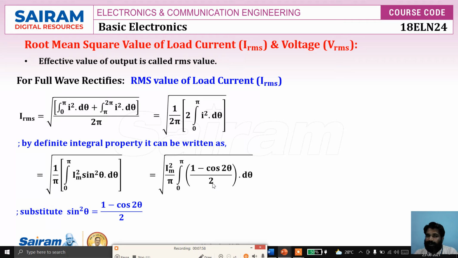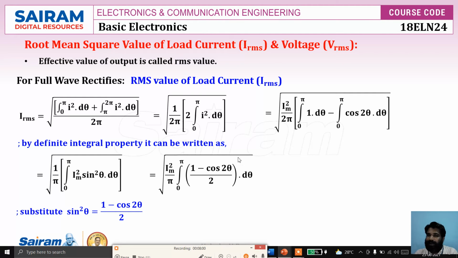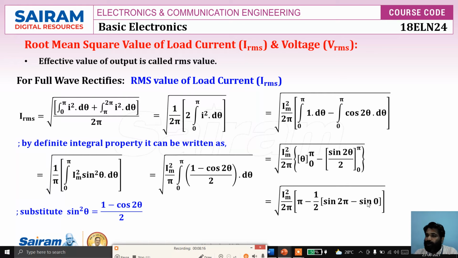So again 1 over 2 is outside the integration, and we apply integration to individual terms, that is 1 minus cos 2 theta over the limits 0 to pi. Then this is sin 2 theta by 2. Apply the limits: sin 2 pi minus sin 0 is 0. So the remaining is Im square by 2. So this is Im by root 2.